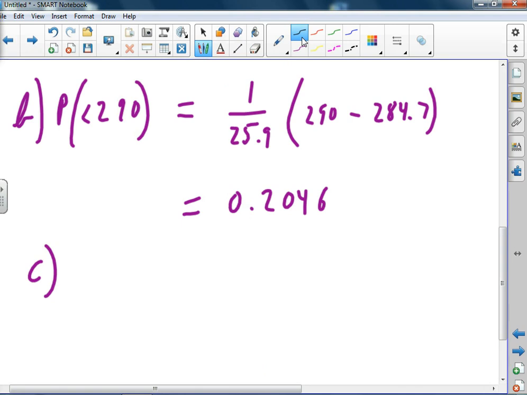C: What is the probability that the driving distance for one of these golfers is at least 300?